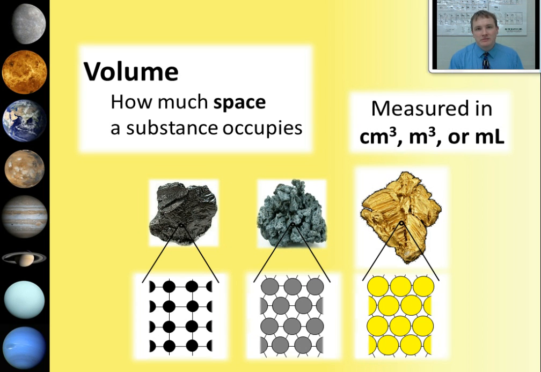And gold's atoms take up even less. Even though the gold atoms themselves are very big, they don't push each other apart very far. They pack together very closely. And because they do that, gold typically has a small volume for the number of atoms that it has. It packs together well. Its volume isn't going to be that great.